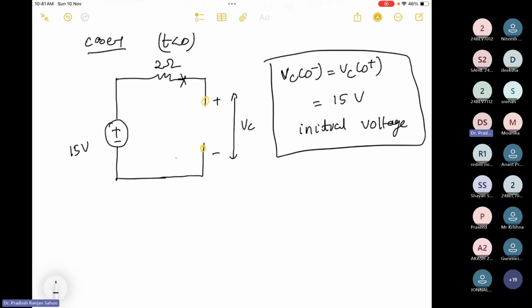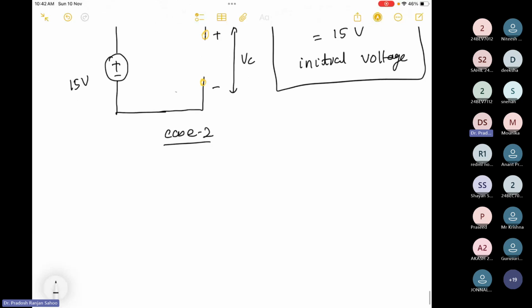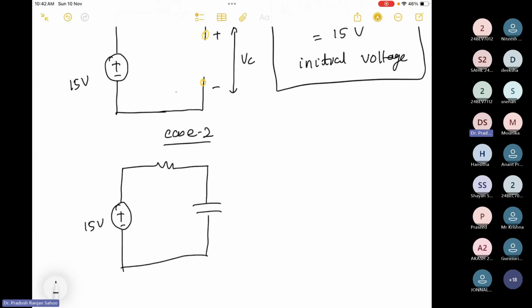Now I will take case 2, the circuit is closed. Let me draw this diagram. This is plus, this is minus. This is 15 volt. This is 1 by 3 Farad.